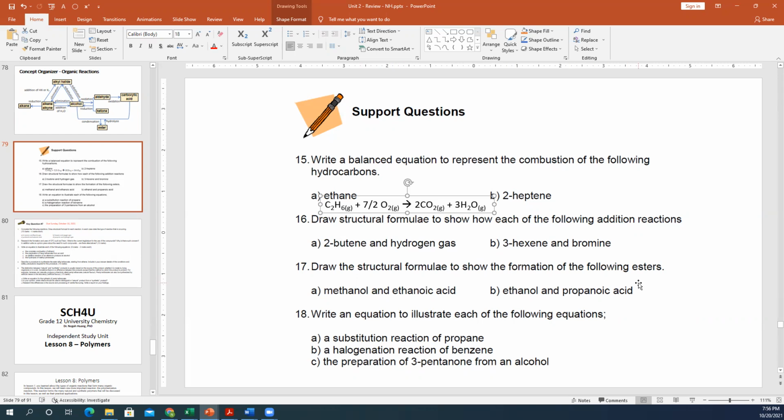Okay, I'm trying to see which one of these is a good one to do for you. Or even these: write an equation to illustrate each of the following: the substitution reaction of propane, halogenation of benzene, or preparation of 3-pentanone from an alcohol.